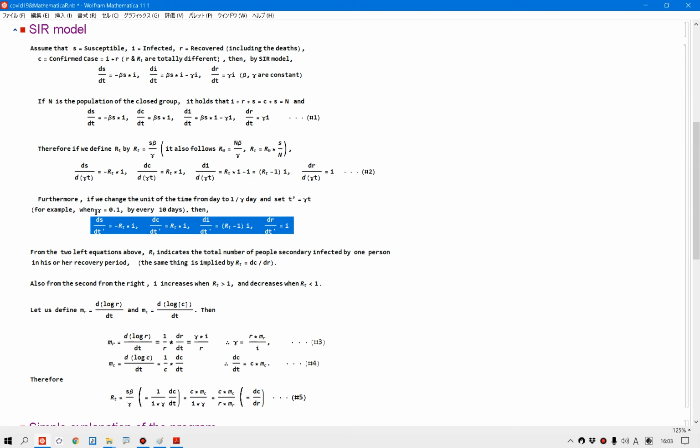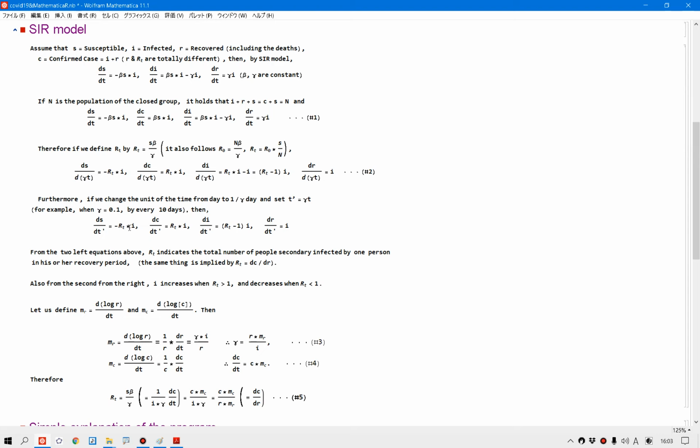For example, if gamma equals 0.1, t dash equals 0.1 t. So if t dash equals 1, it's 10 days. So this equation means that you think in units of every 10 days. So dS/dt dash means every 10 days, this number of people get newly infected. Okay? Every 10 days, this number of people are infected.